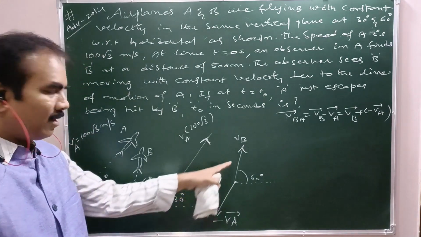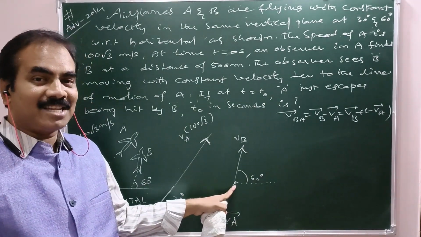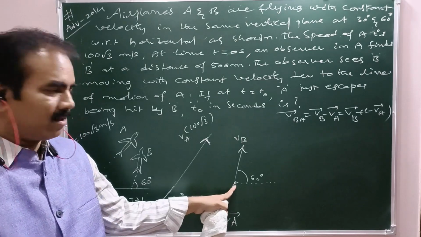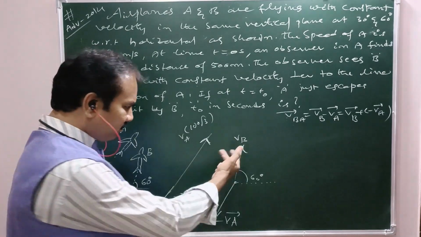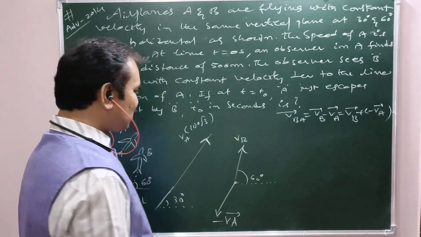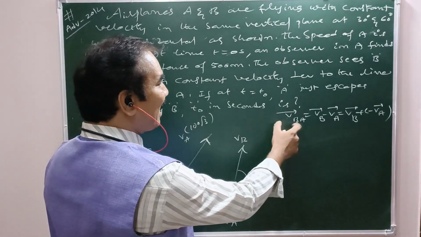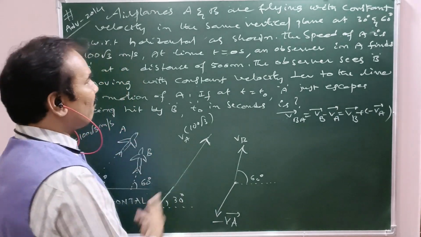Now these two are drawn from the same point and are taken as the adjacent sides of a parallelogram. Right? Now, where is the parallelogram? We have to write the remaining two sides also. But here, the direction of VBA is normal to this line of motion of VA, from the data.